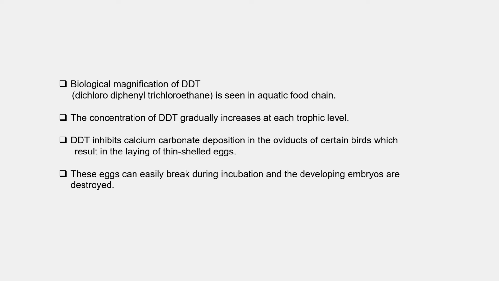That is, for example, hen's egg we know. The hen's egg has a hard shell, we say egg, and its outer covering is called the hard shell, formed of calcium carbonate. Right? Now as this DDT is occupying every trophic level, when the birds eat these big fishes, it results in the thinning of shell.